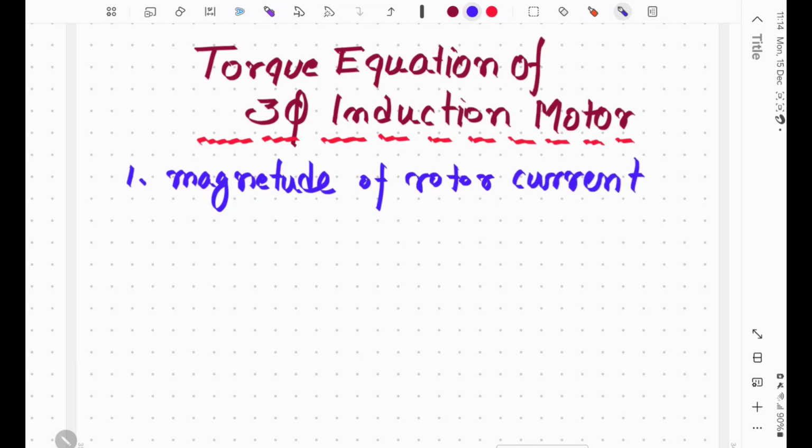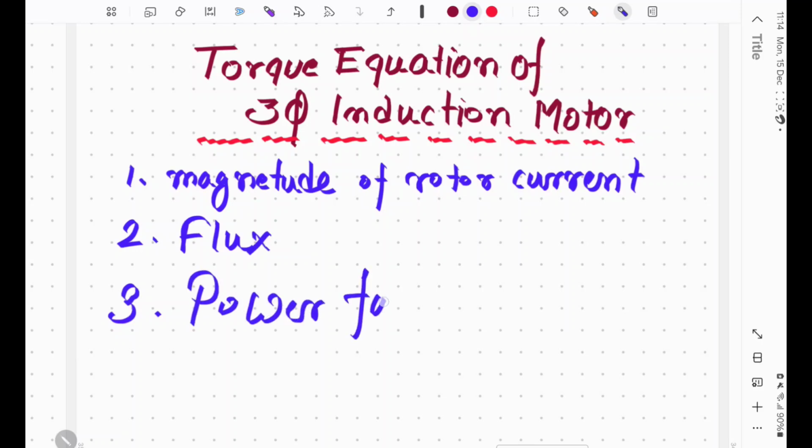Secondly, the flux which interacts with the rotor of the three-phase induction motor and is responsible for producing EMF in the rotor part of the induction motor. Third is the power factor of the rotor of a three-phase induction motor. So these three are the magnitude of the rotor current, then the flux, then the power factor.